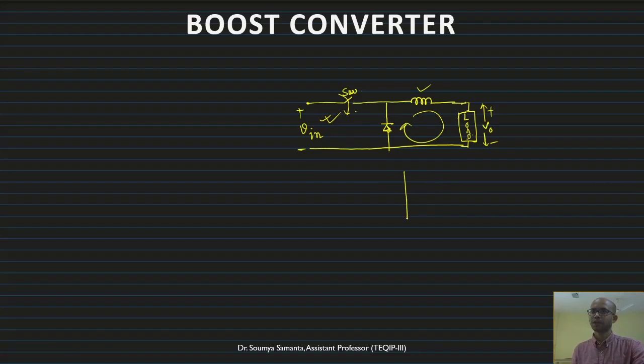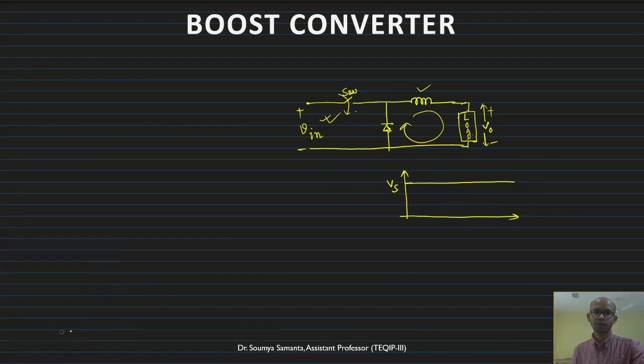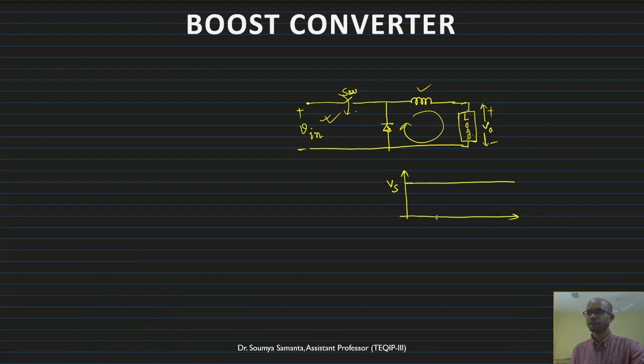If I draw it here, suppose this is Vs, the constant supply voltage, the source voltage. Whenever the switch is turned on, the source is directly connected to the load, so we get the load voltage up to this level.